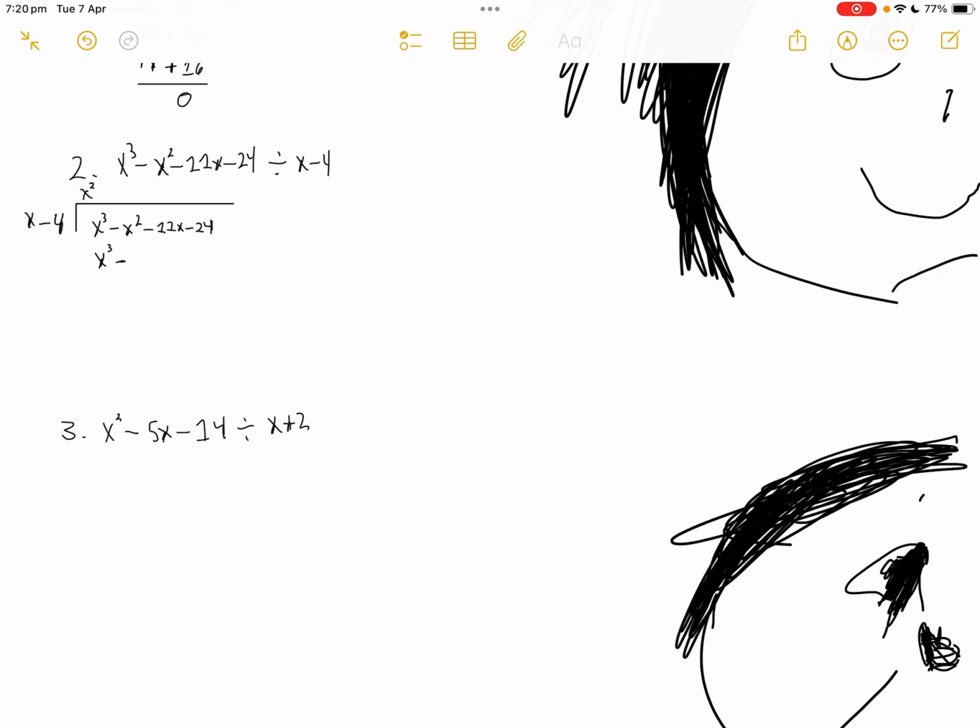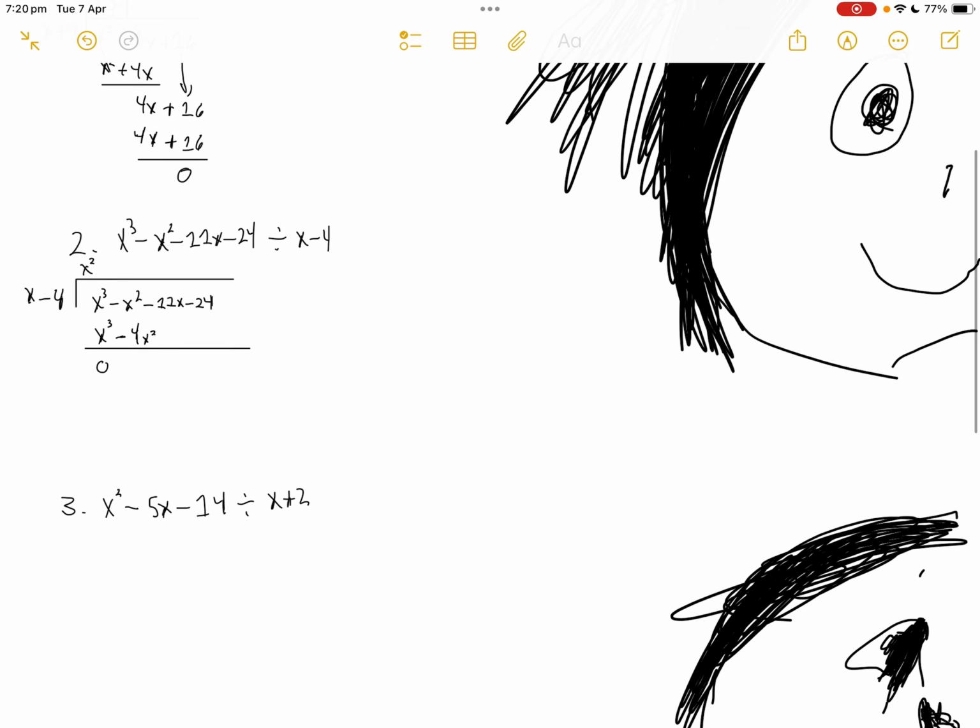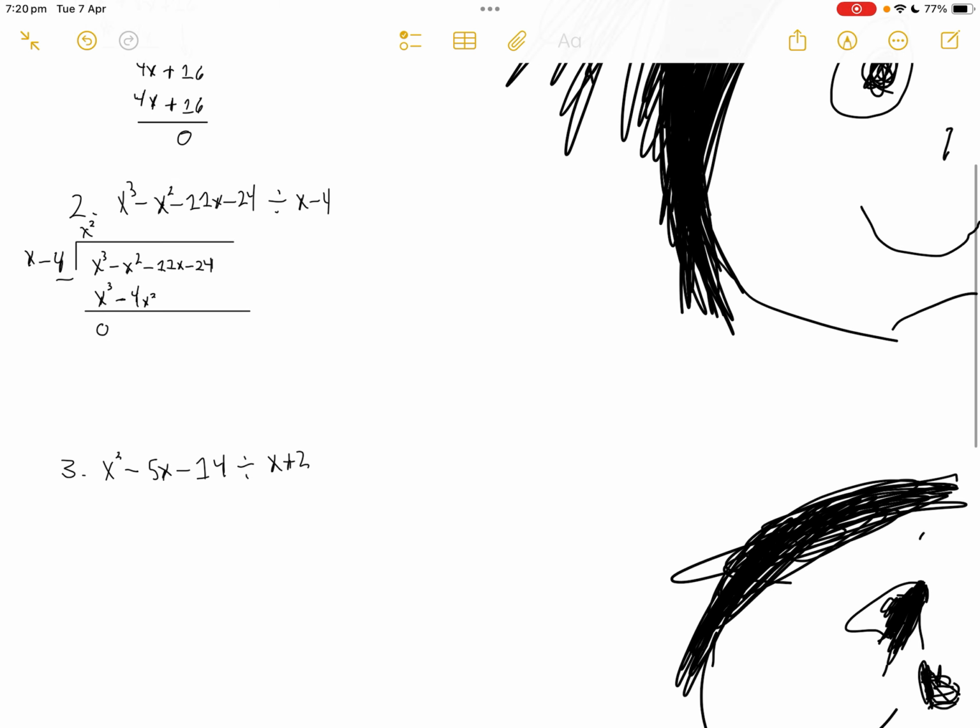minus 4x squared. So this one cancels out, and this one. Okay, so what we're actually doing is we are also subtracting terms when doing long division.